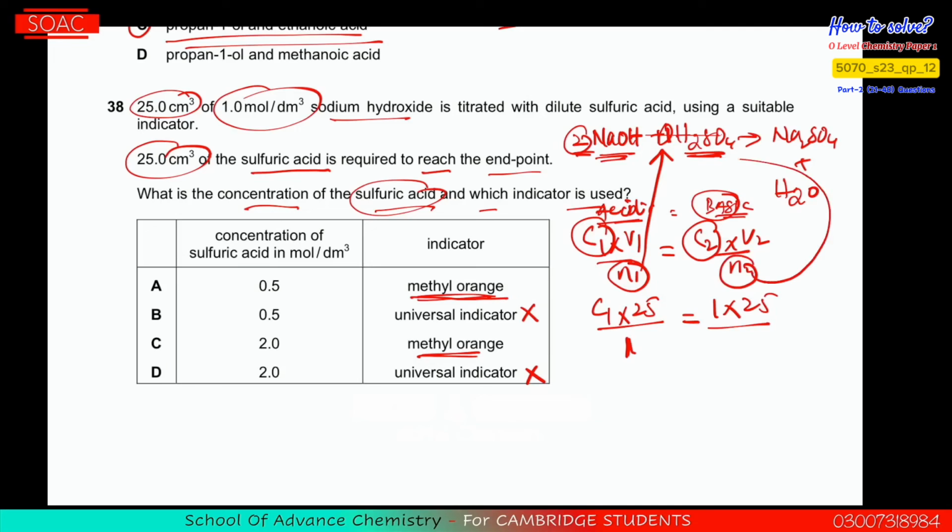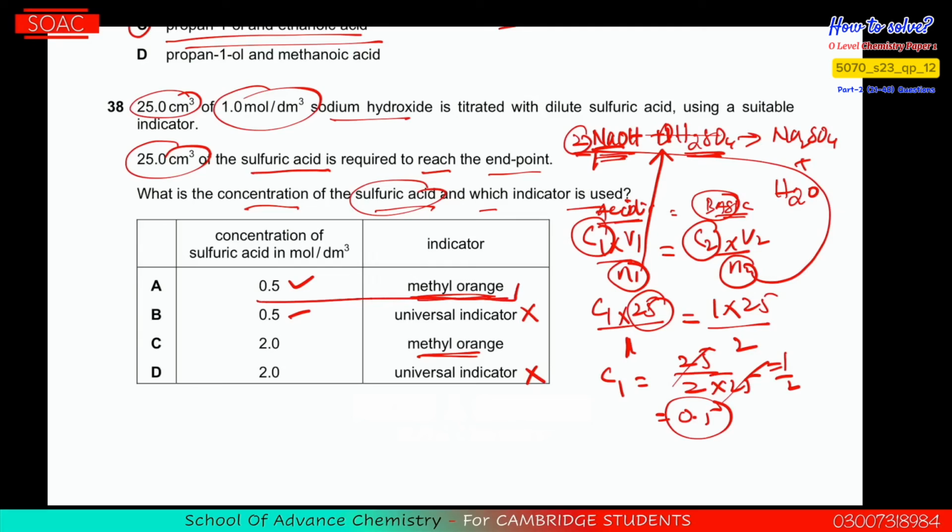N2 is the number of moles of sodium hydroxide, that is 2. So C1 is equal to 25 divided by 2, and this 25 will be over here, so 1 by 2, which means half, 0.5. So the concentration is 0.5, and methyl orange is the proper indicator as it has only 2 colors at different pH. So A is the correct option.